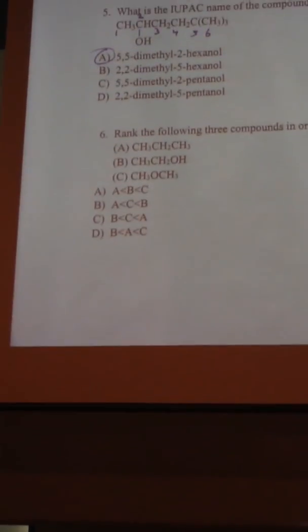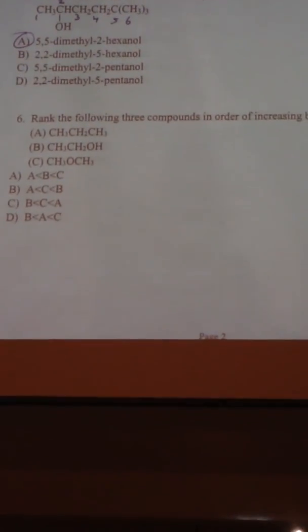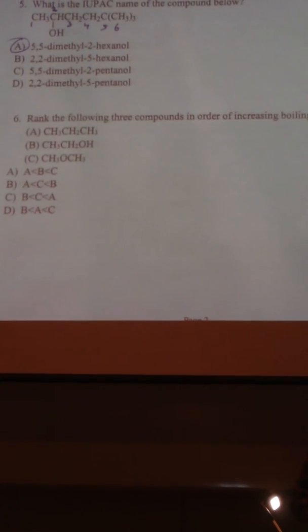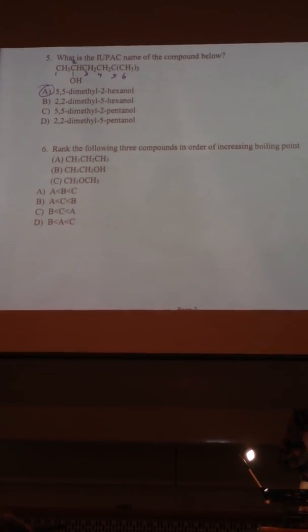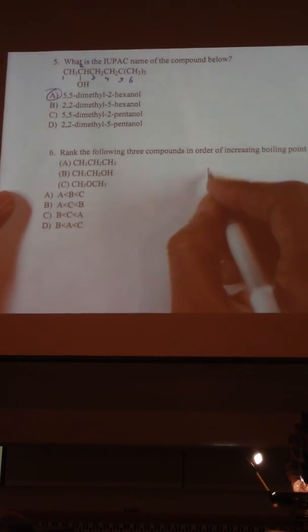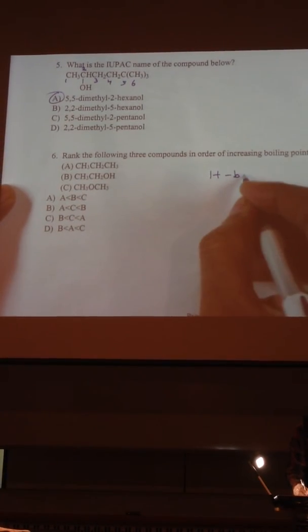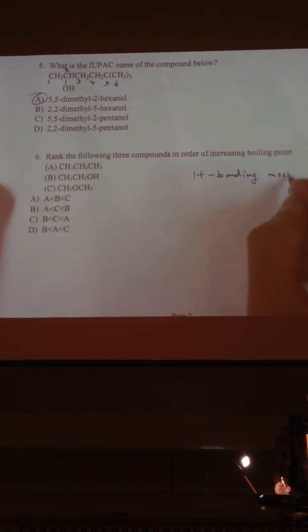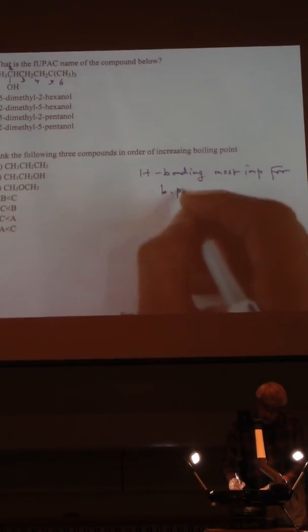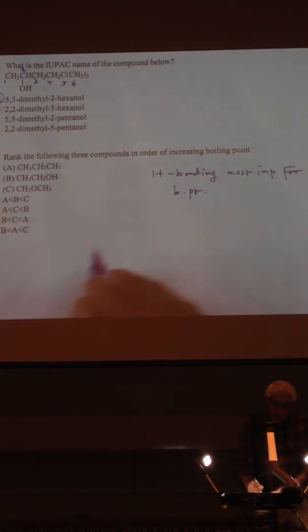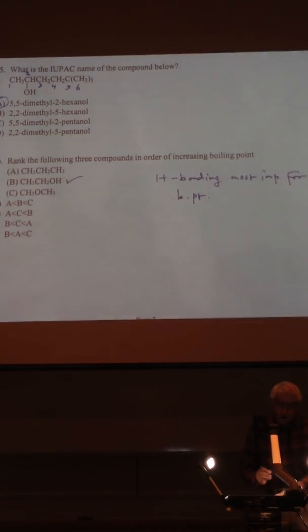Rank the following 3 compounds in order of increasing boiling point. The boiling point, as we know, typically when you have an OH group, because of hydrogen bonding, they have the highest boiling point compared to all the others. So hydrogen bonding is the most important one in terms of determining boiling point, melting point, and so forth. So in this case, this is the alcohol.